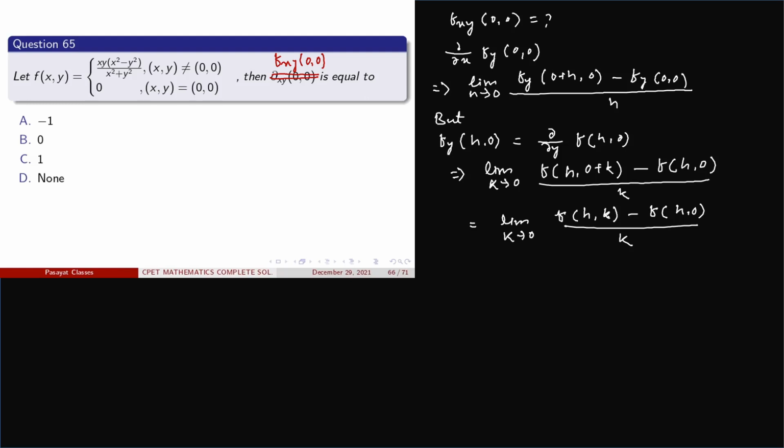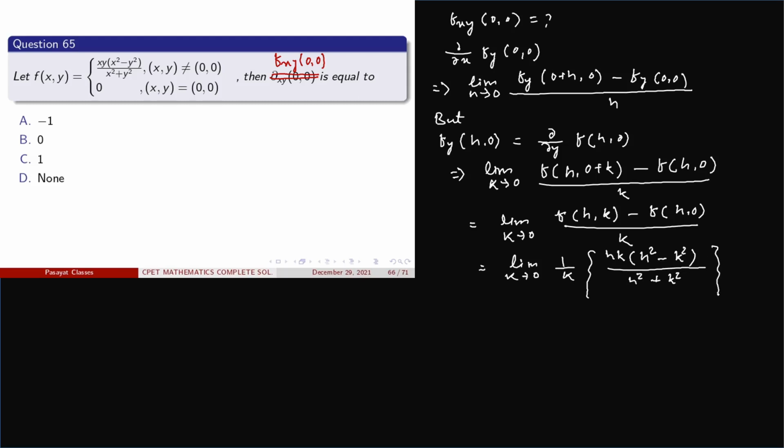And this becomes the limit k tends to 0 of 1 by k, this whole into, our function is xy into x square minus y square by x square plus y square. So this becomes hk into h square minus k square whole divided by h square plus k square.